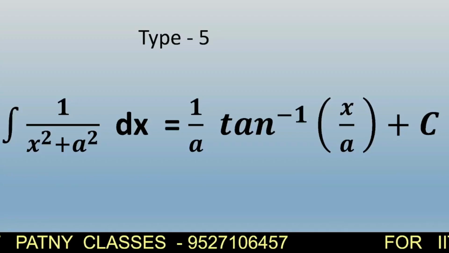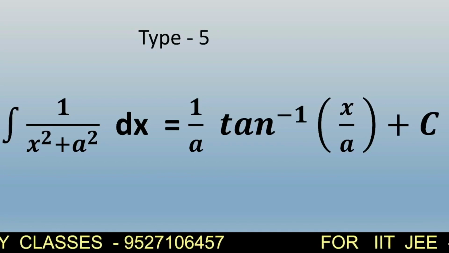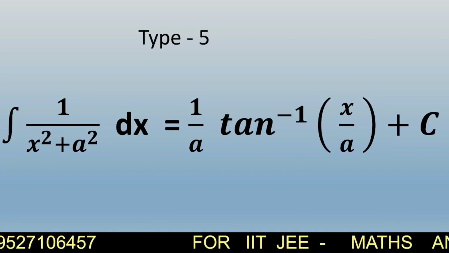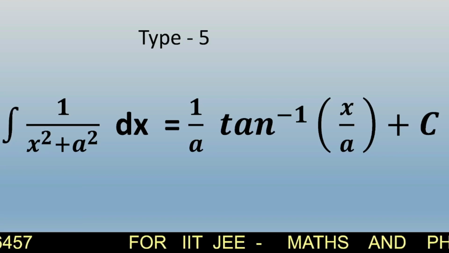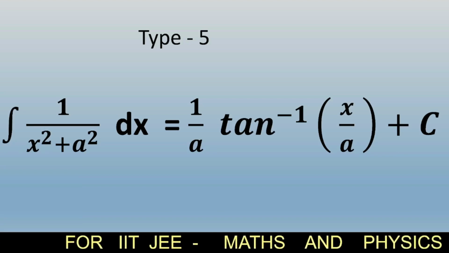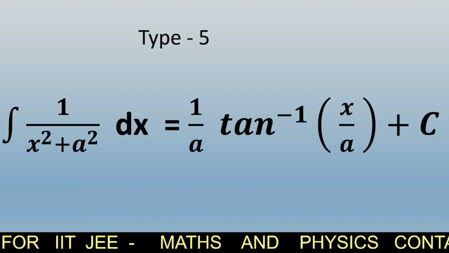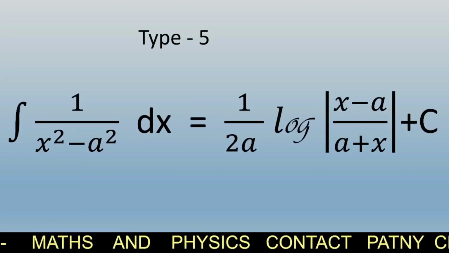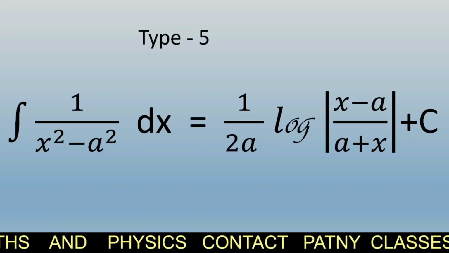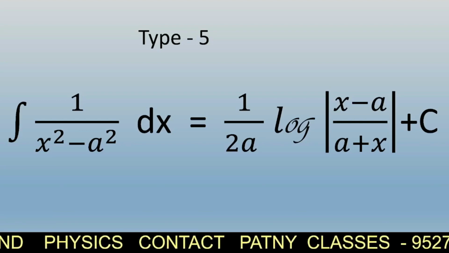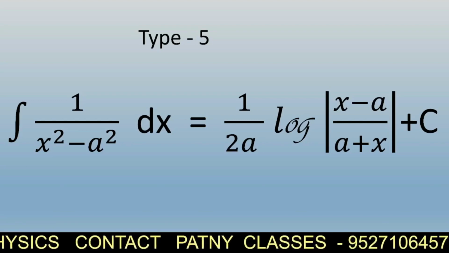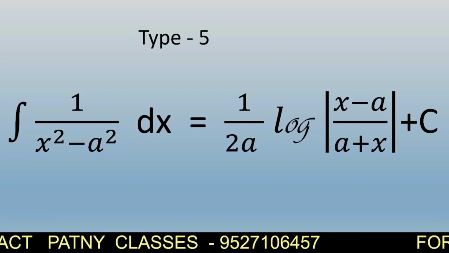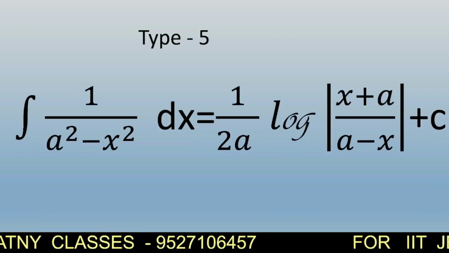Under type 5, first of all I am going to consider integration of 1 upon x square plus a square with respect to x equals 1 upon a tan inverse of x upon a plus c. After that, integration of 1 upon x square minus a square with respect to x equals 1 upon 2a log of modulus of x minus a upon x plus a plus c.